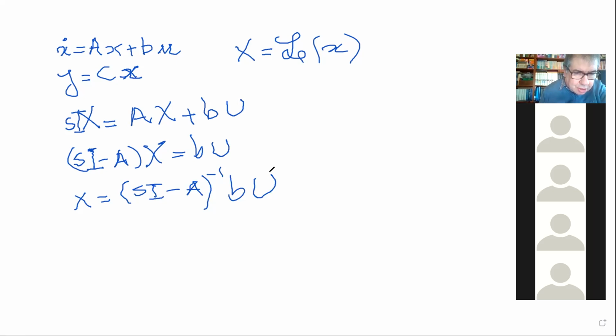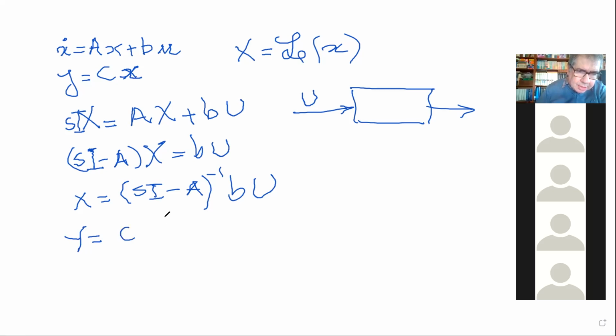What should be the transfer function? Y of S is C times X. So C times (SI minus A) to the minus 1 times BU, that's right.